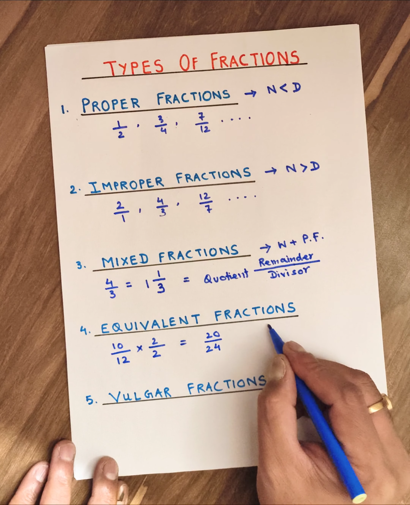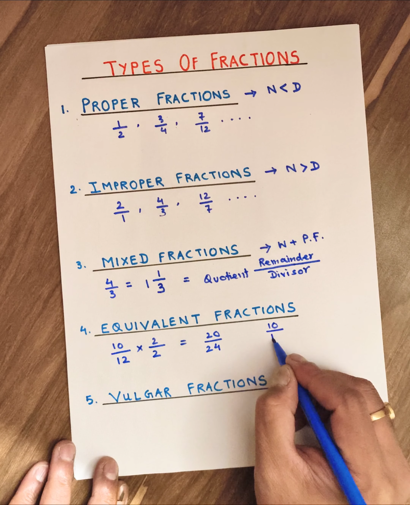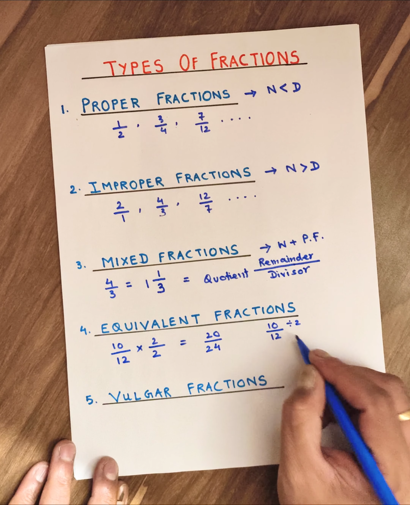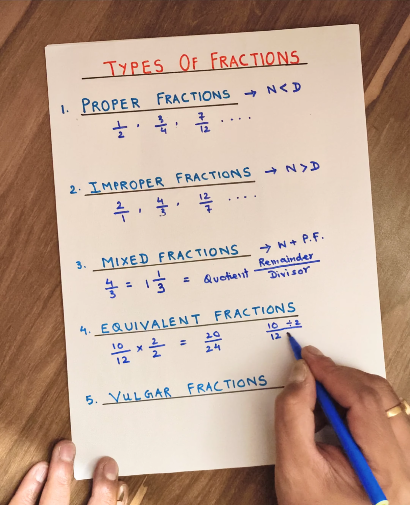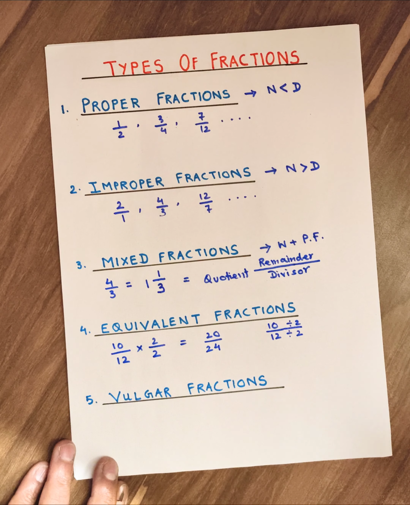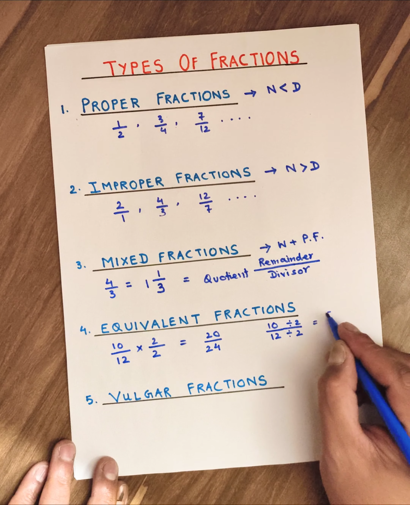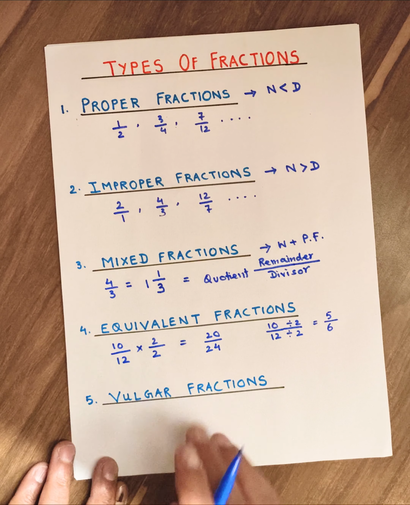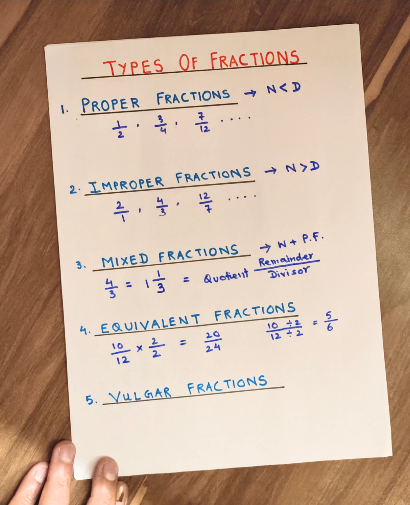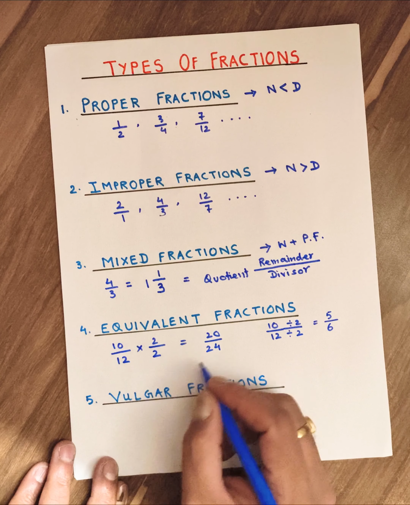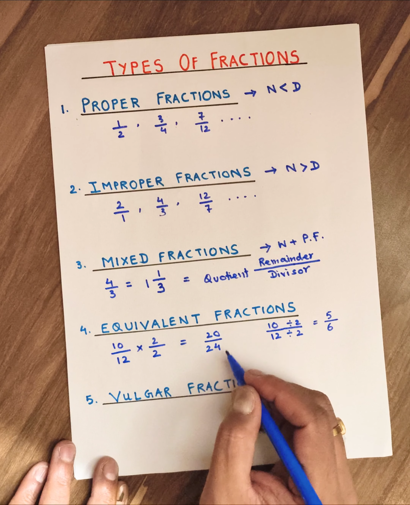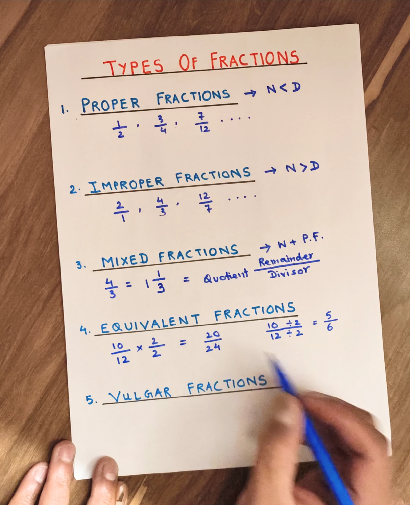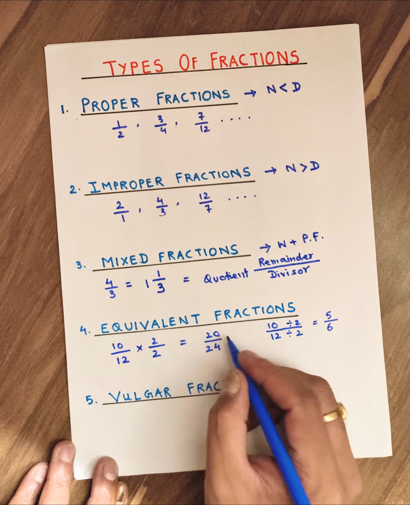And if we divide 10/12 by 2, the numerator divided by 2 and the denominator divided by 2, we get 5/6. Even 20 divided by 24, if you divide it by 4, you will get the fraction 5/6.